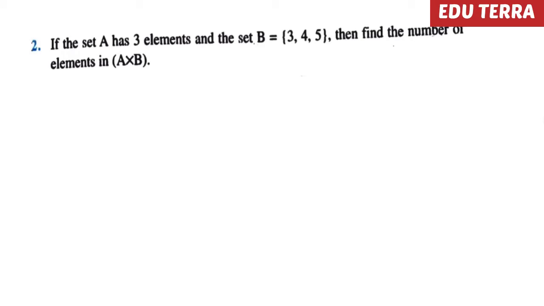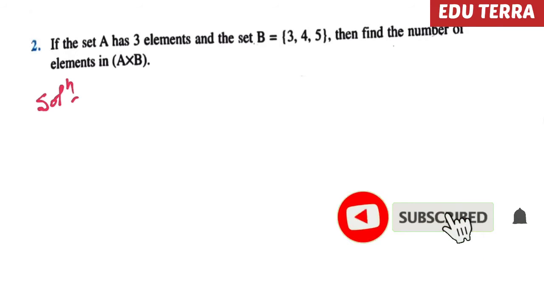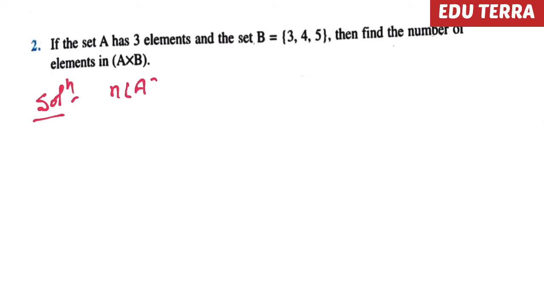Question number 2. If the set A has 3 elements and the set B equals {3, 4, 5}, find the number of elements in A cross B. I told students, this is in the important points. Here we have given n(A) equals 3 and we can see n(B) is also 3, because {3, 4, 5} has only 3 elements.